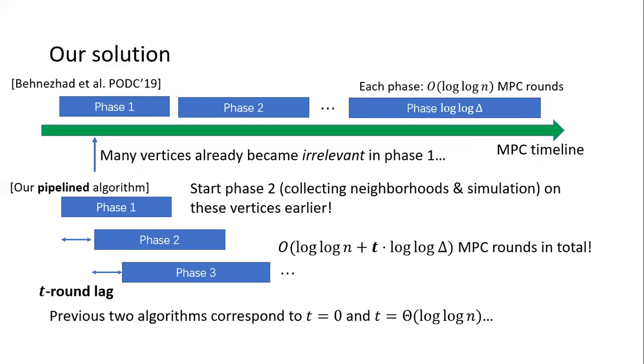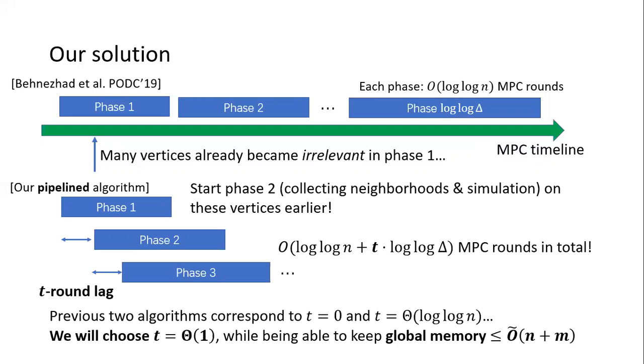And we can see that the previous two algorithms roughly correspond to t equal to 0 and t equal to log n. Our plan is to set t to be some big enough constant so that we can reduce the global memory to near linear and at the same time achieve log n round complexity.